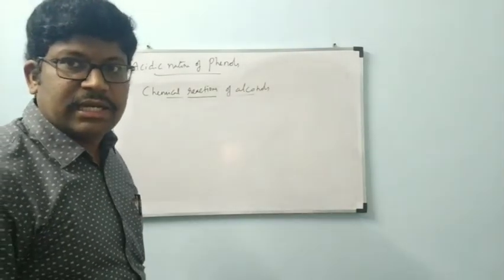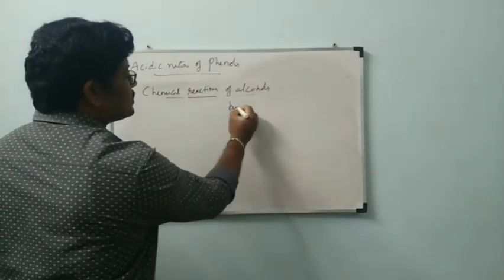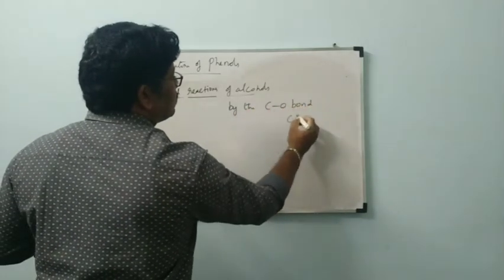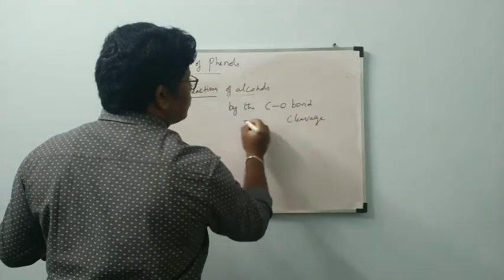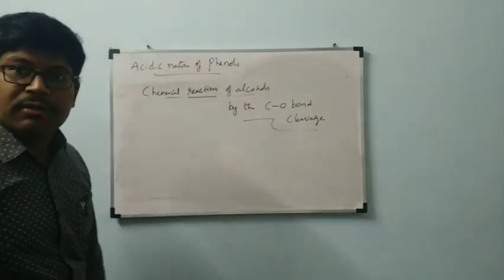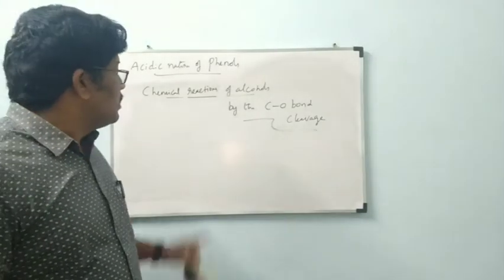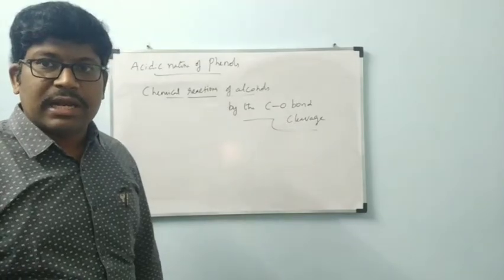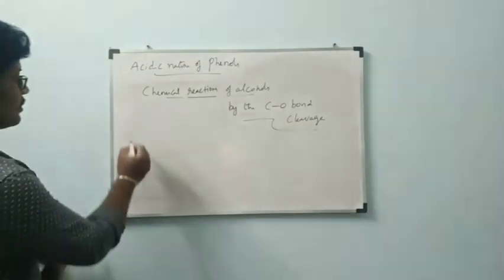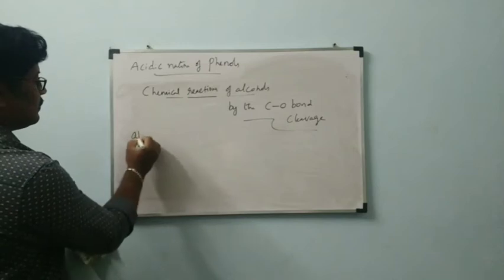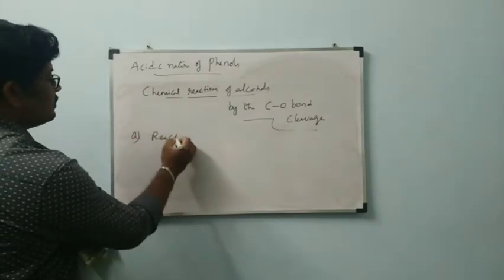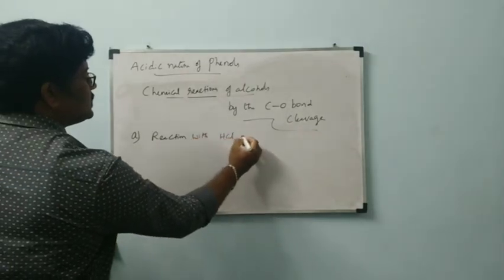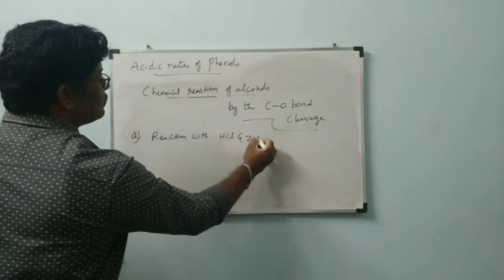Keep the next slide heading: chemical reactions of alcohols by the CO bond cleavage. Under this, the first one is a reaction with HCl and ZnCl2.